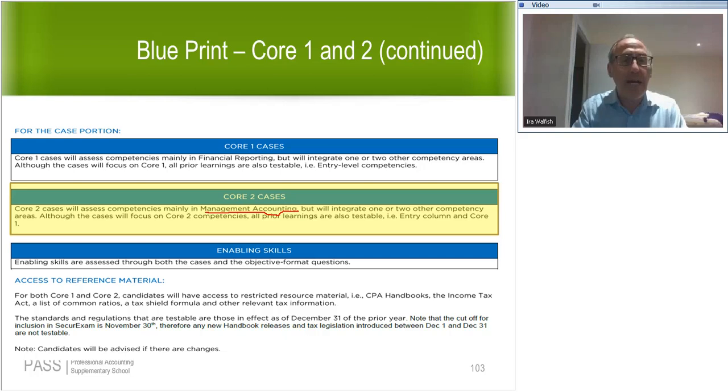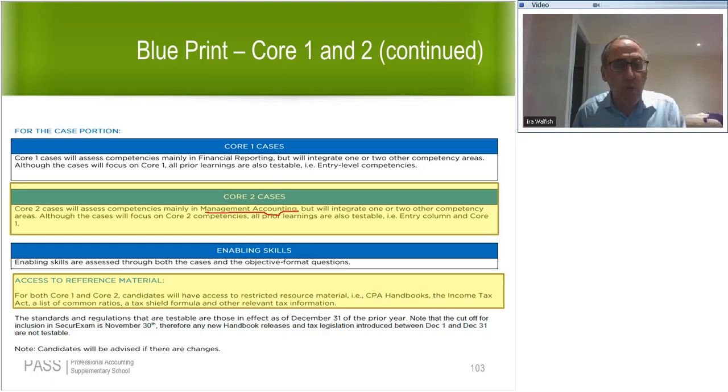Now, coming back to reference material. For both Core 1 and Core 2, our emphasis tonight and over the remaining classes will be Core 2, but for both Core 1 and Core 2, you will have access to restricted resource material through Secure Exam, so this will be electronically. You'll have access electronically to a CPA handbook, the Income Tax Act.